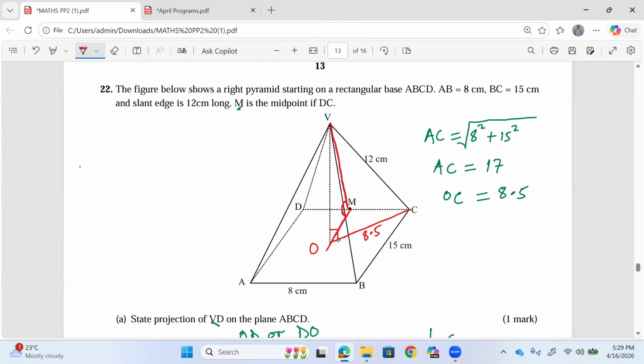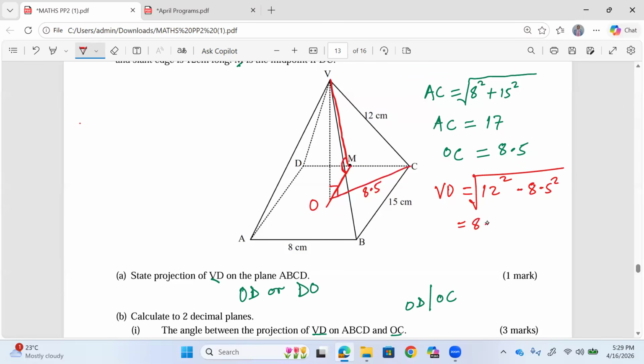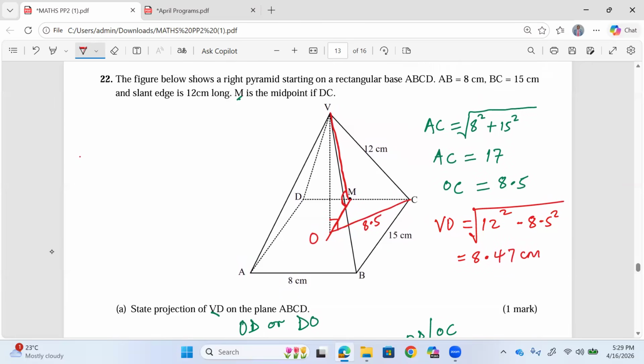VO is perpendicular to OC, so we can find the vertical height using Pythagoras theorem. VO is the square root of 12 squared minus 8.5 squared. We find the square root, and this is 8.47 centimeters.